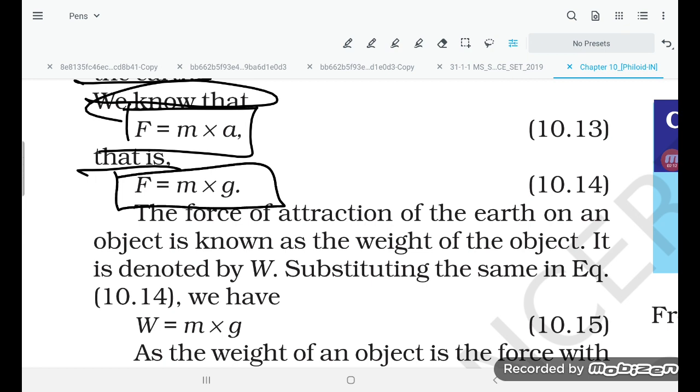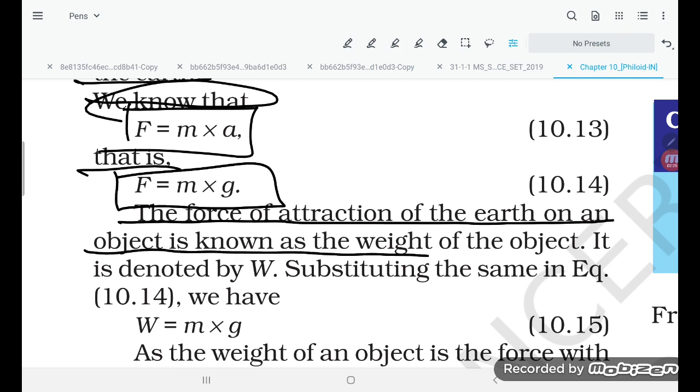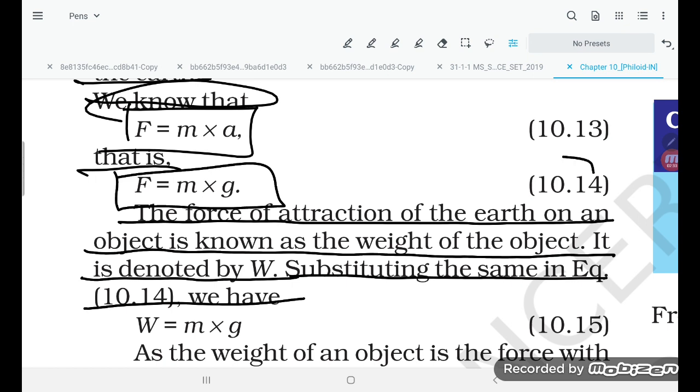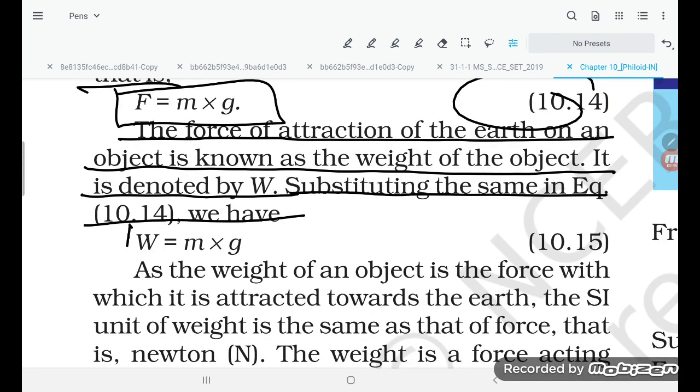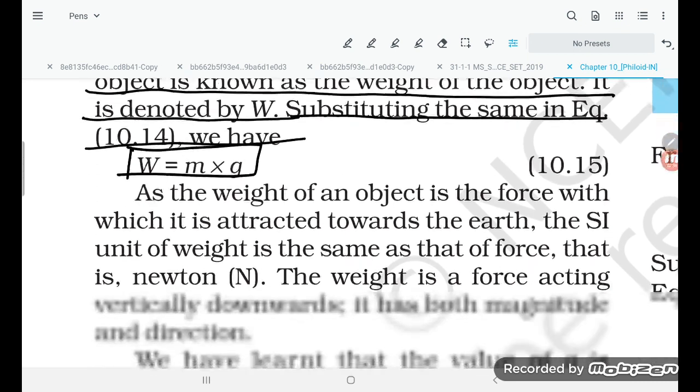Now let us try to understand the second one. The force of attraction of the earth on an object is known as the weight of the object. It is denoted by W. Substituting in equation 10.14, W is equal to mg.